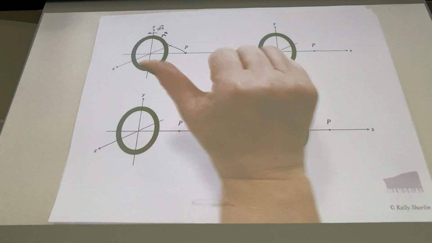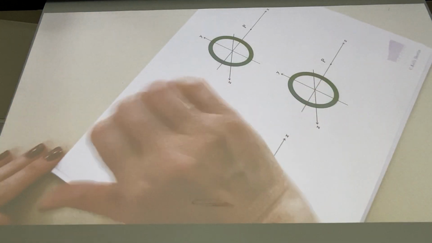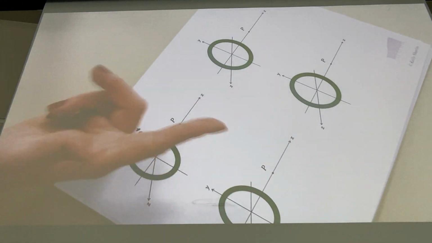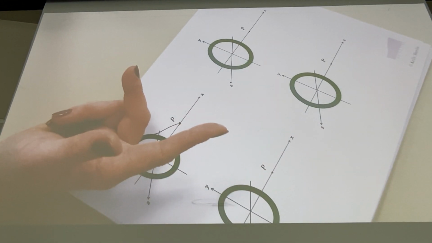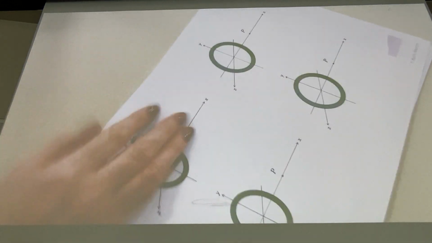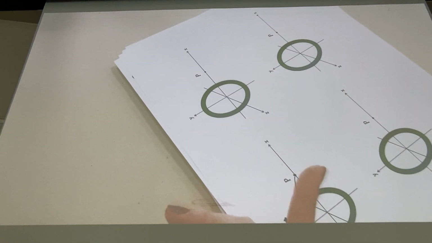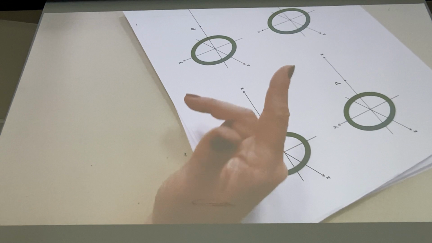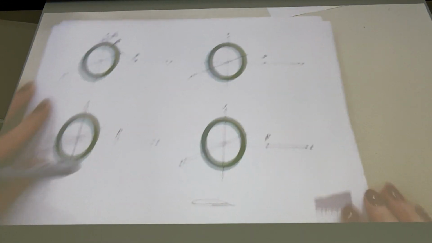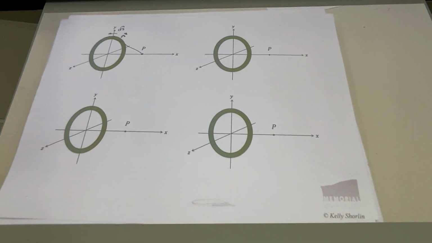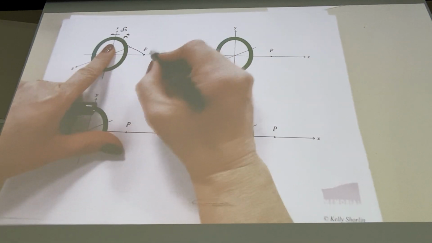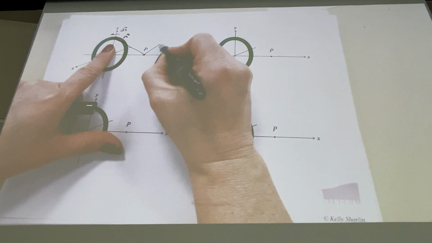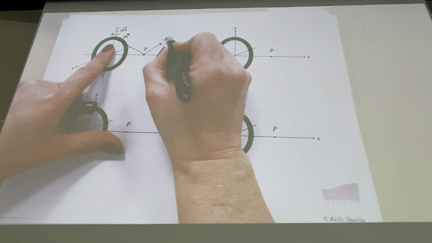So if we use our right-hand rule, ds is this way, r hat is this way, and our magnetic field points up. So our little bit of magnetic field made by that little bit of loop points straight up.